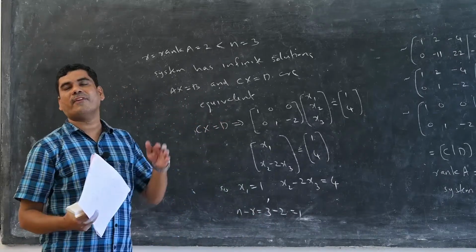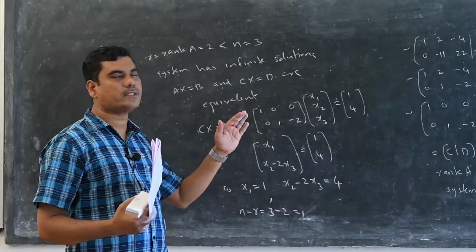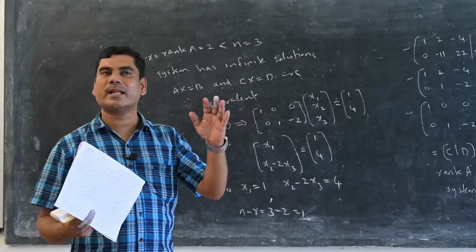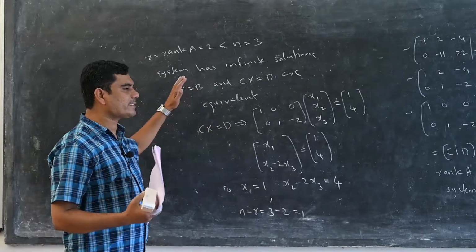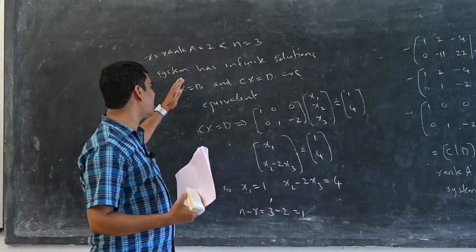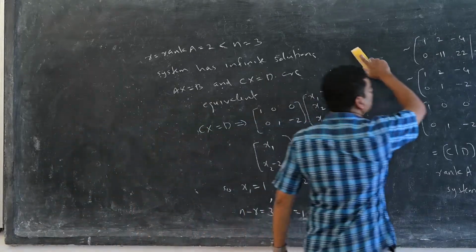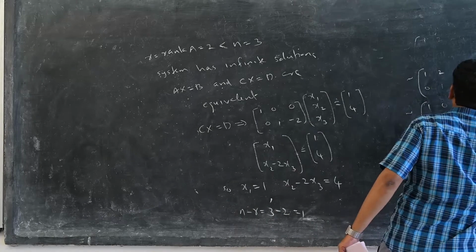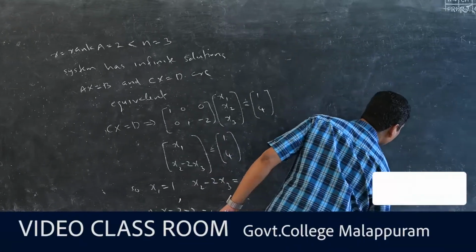So if r is less than n, the system has infinite solutions. In this case we choose n minus r parameters, or n minus r unknowns, arbitrarily. Here n minus r is equal to 1, so we choose one parameter or one unknown arbitrarily.